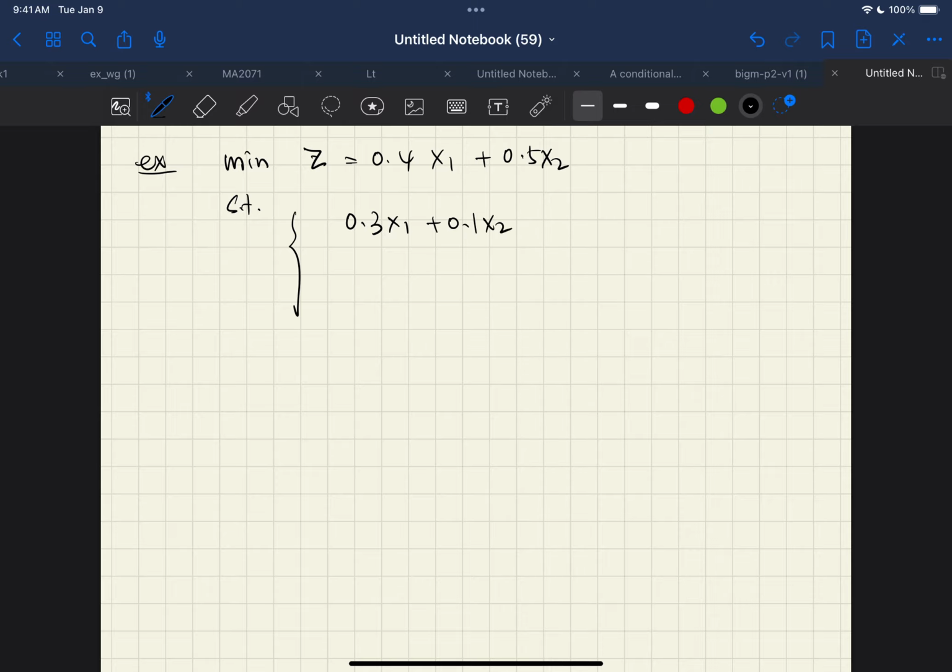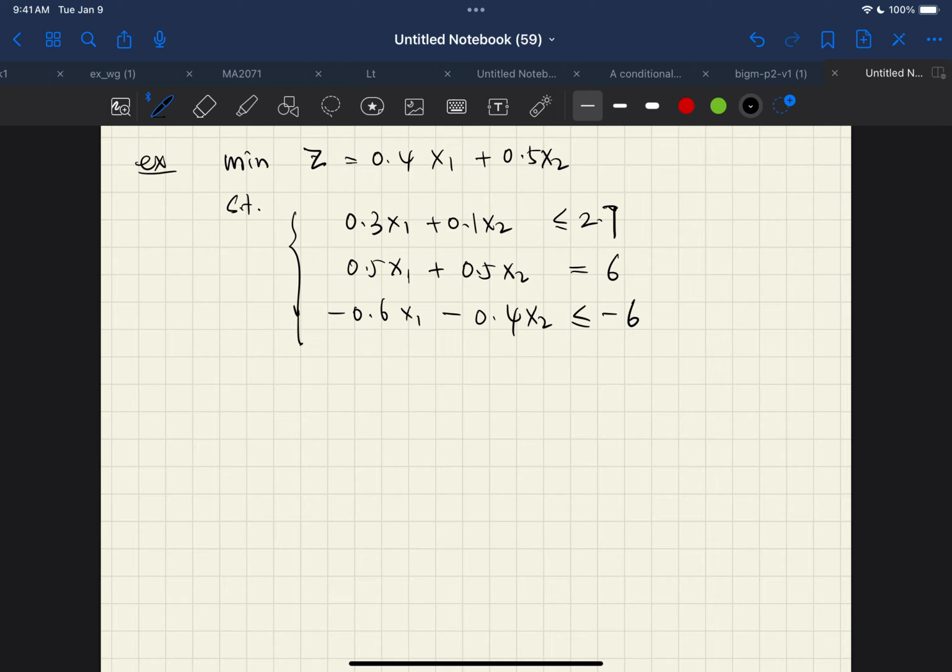One is less than or equal to 2.7. Another constraint is an equality constraint. And another constraint is still less than or equal to -6.